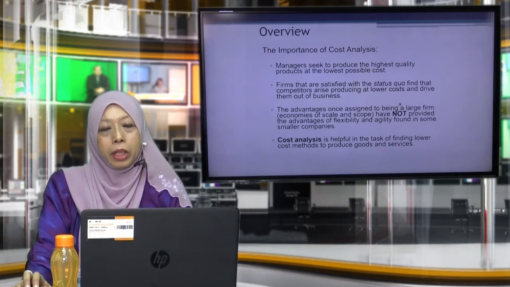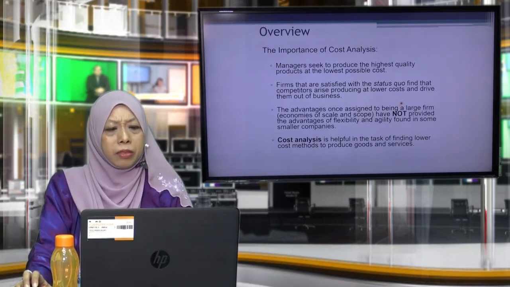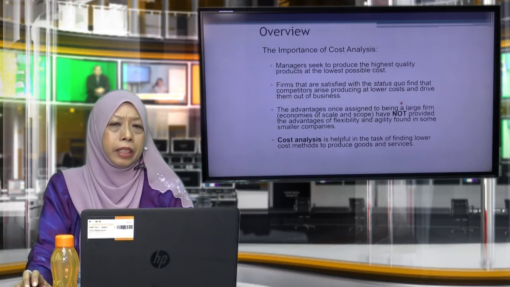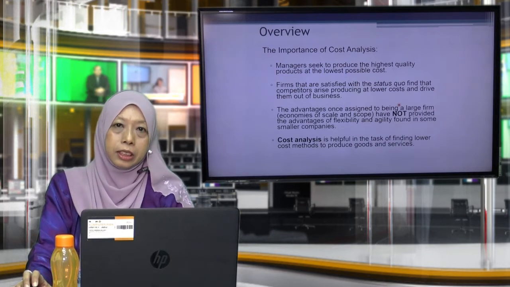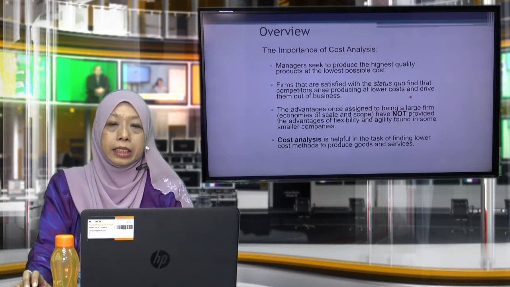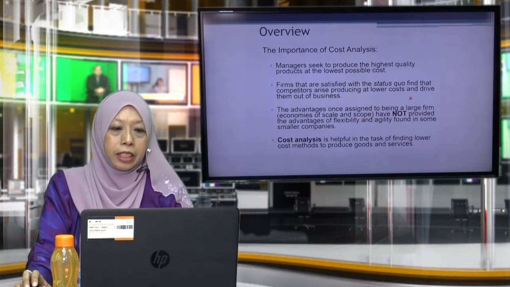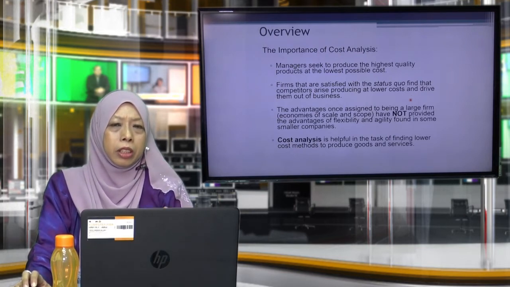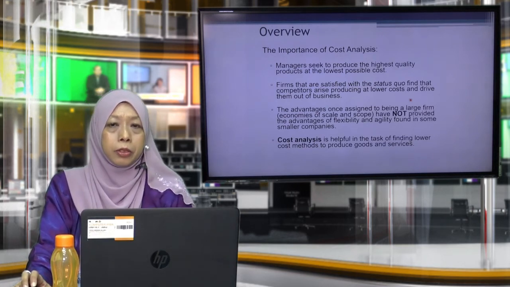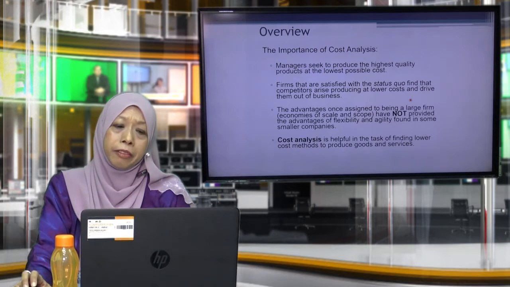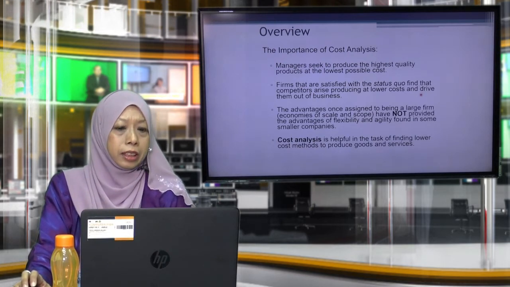Now, when we analyze cost, bear in mind that the cost differs depending on the time of production, because in the short run we are dealing with different types of resources as opposed to the long run, and the size of the firm is different. When we talk about large production, firms are able to enjoy things like economies of scale or economies of scope, but smaller firms also have some advantages, whereby they are more flexible and agile.